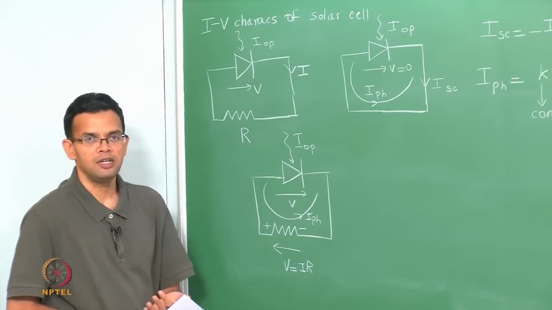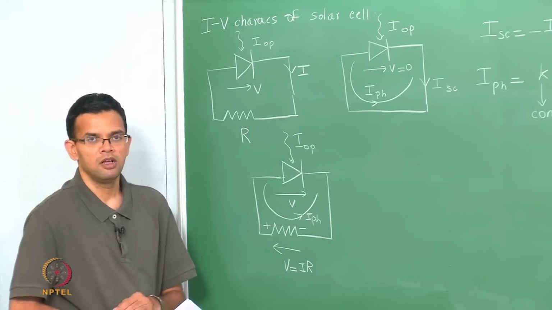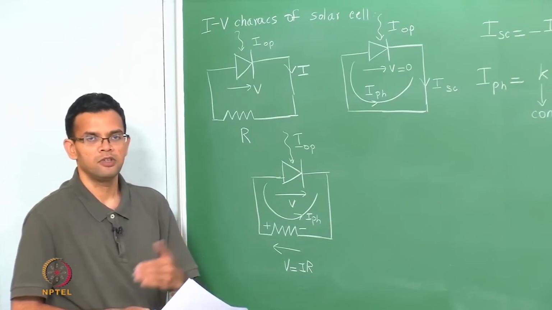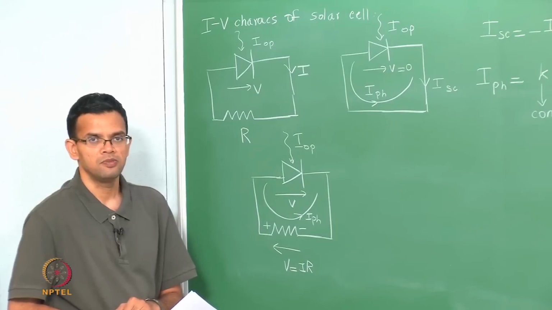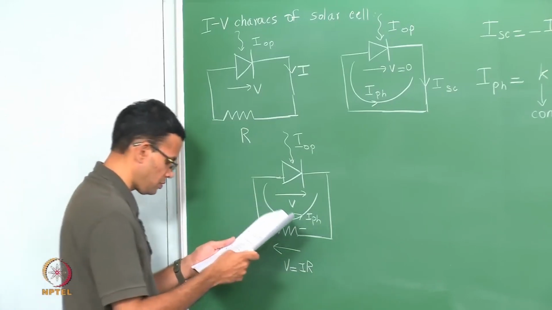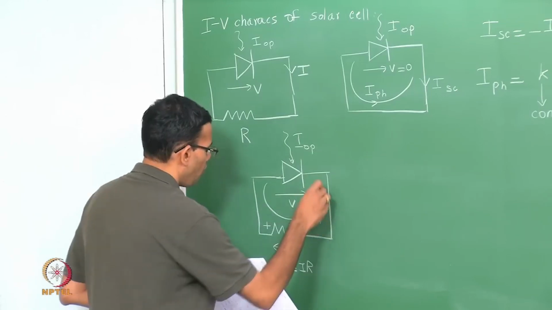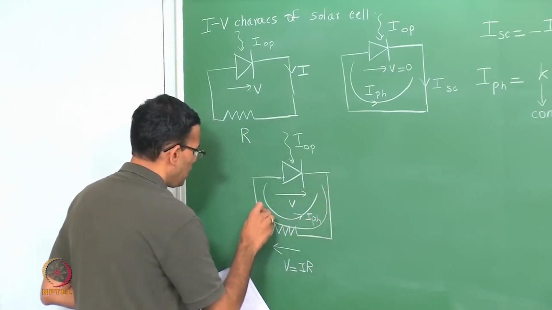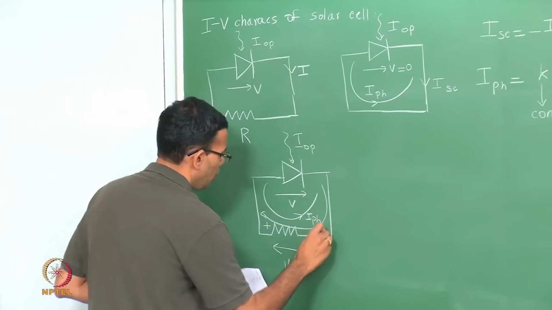So, this is equivalent to saying that you are forward biasing your PN junction, so that now it is easier for the minority carriers to diffuse, so that you have a forward bias current. So, the forward bias current goes the other way, I am going to call it ID.